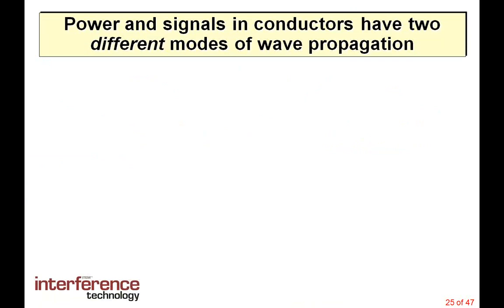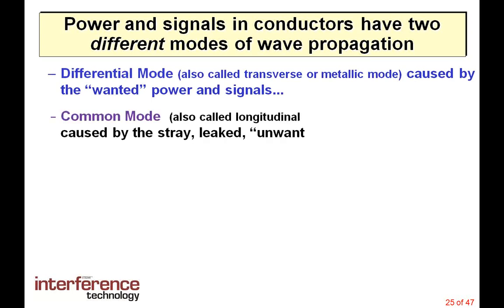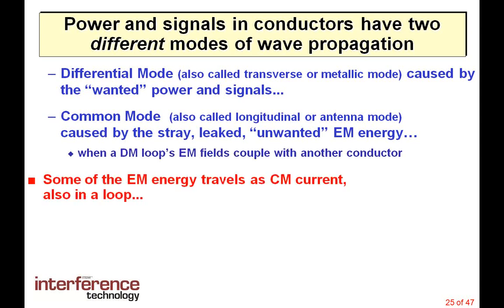We mentioned common mode and differential mode. These are different modes of wave propagation. Differential mode, sometimes called transverse or metallic, is caused by the wanted power signals which flow in the loops that we create. Common mode is also called longitudinal or antenna mode. It's caused by stray, leaked, unwanted electromagnetic energy, noise in other words, when a differential mode loop's electromagnetic fields couple with another conductor.